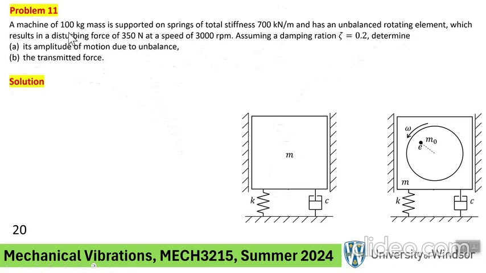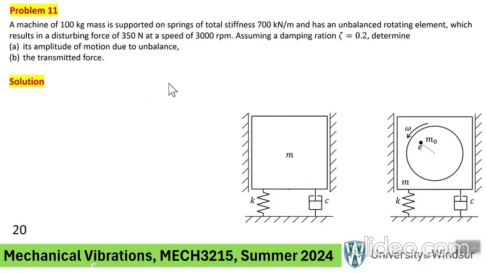Okay, now this requires some explanation. What do we mean by a disturbing force of 350 Newton at that speed? Now, I want to remind you that rotating unbalance, when we treated the subject, gave the same equation that we had when we had a mass, spring, and a damper subjected to a harmonic loading.